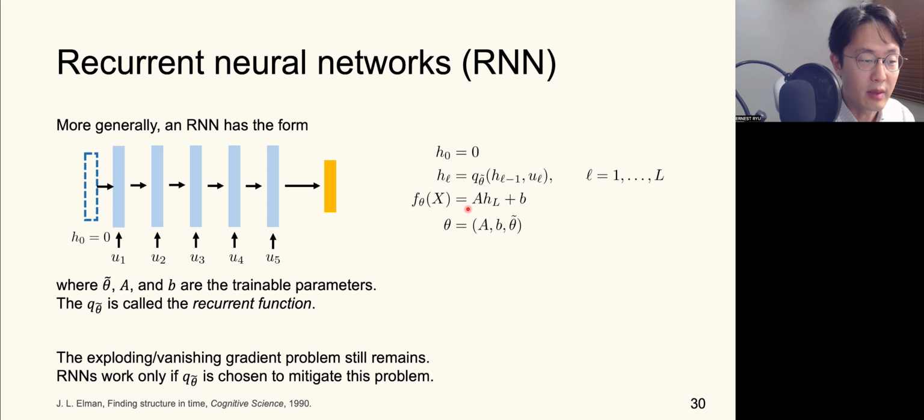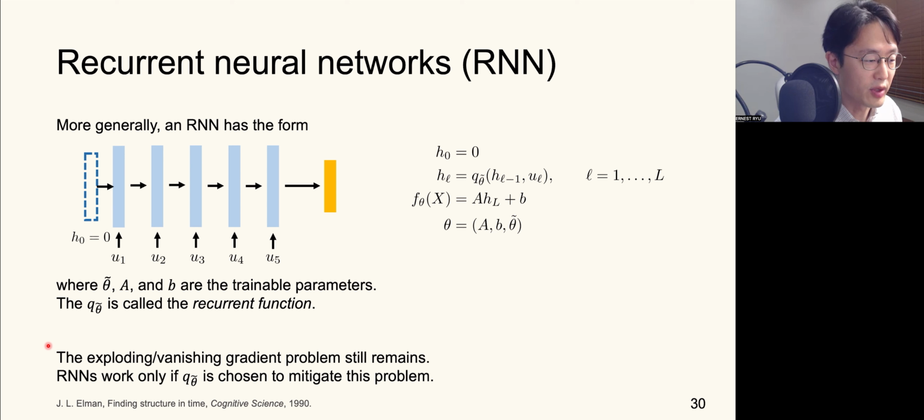We compute that by applying a linear layer to the final hidden state h sub big L. We multiply that by the matrix A and then add a bias vector B. And then we denote theta for the set of trainable parameters, the matrix A and the bias B used at the final output, and the parameter theta tilde that goes into the recurrent function.